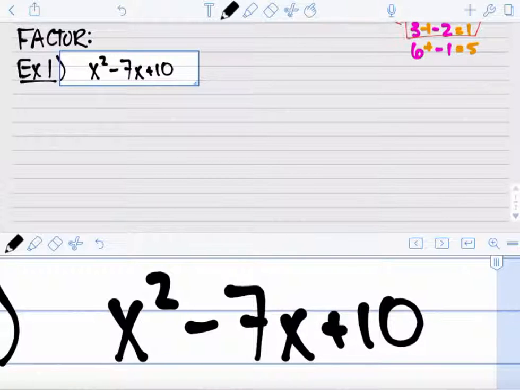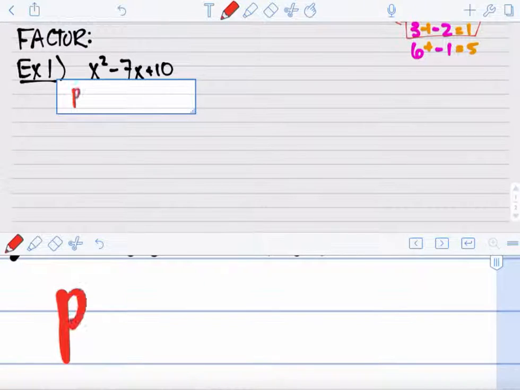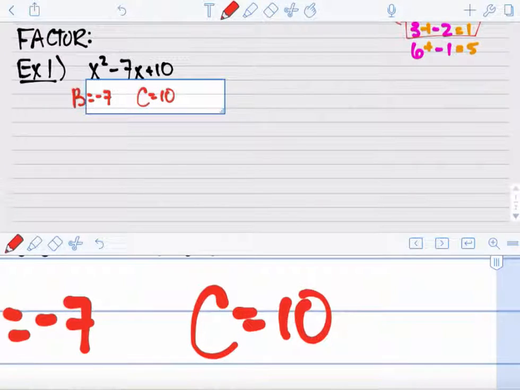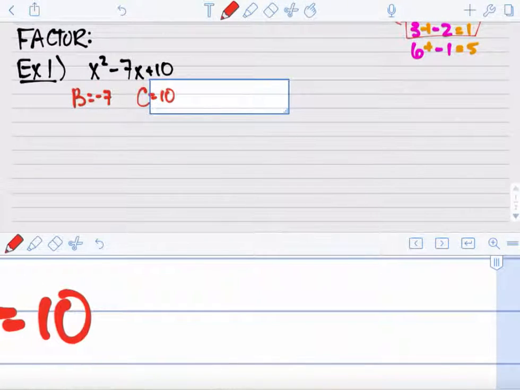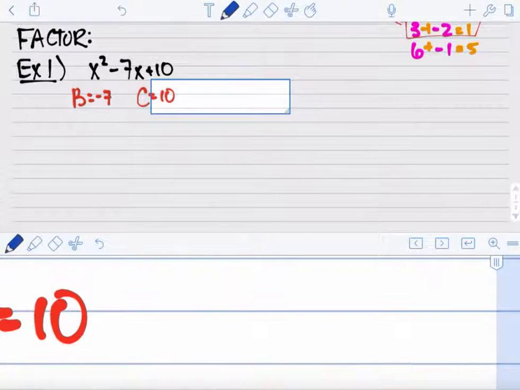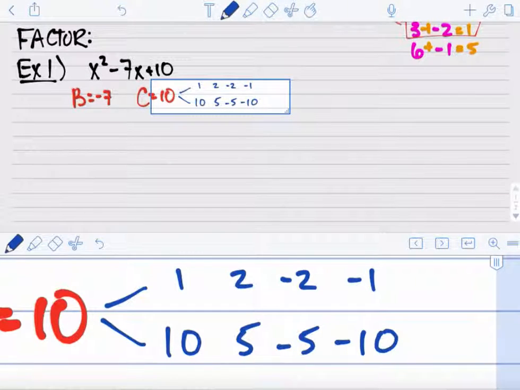For this problem, B is equal to negative 7 and C is equal to positive 10. C can be factored into 1 and 10, 2 and 5, negative 2 and negative 5, negative 1 and negative 10.